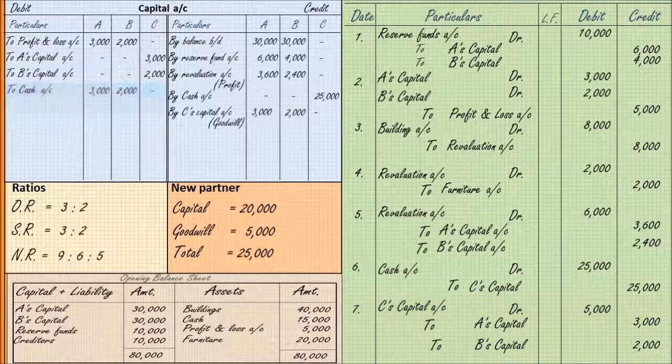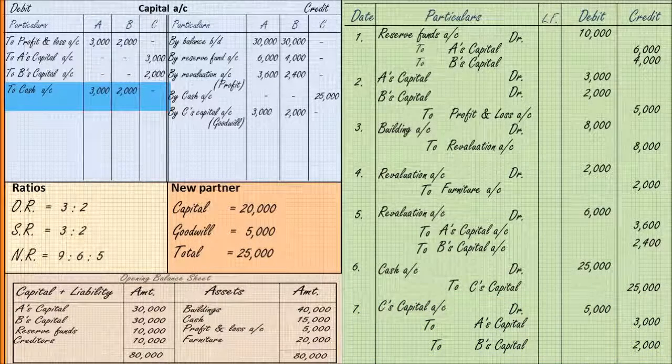So to cash account on the debit side, 3,000 and 2,000 rupees in the columns of A and B.